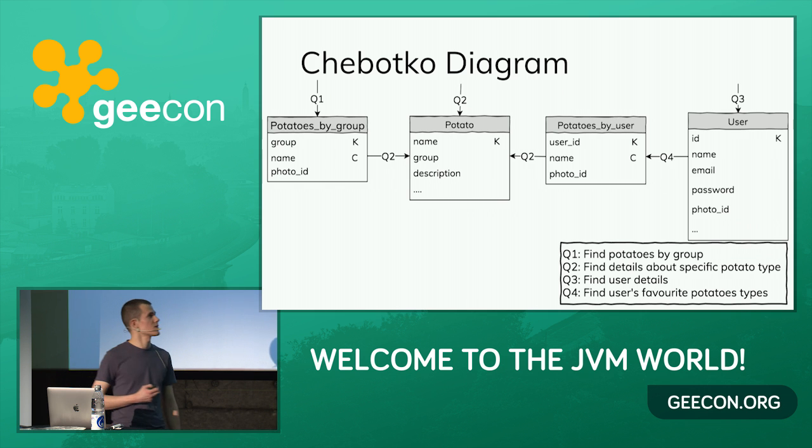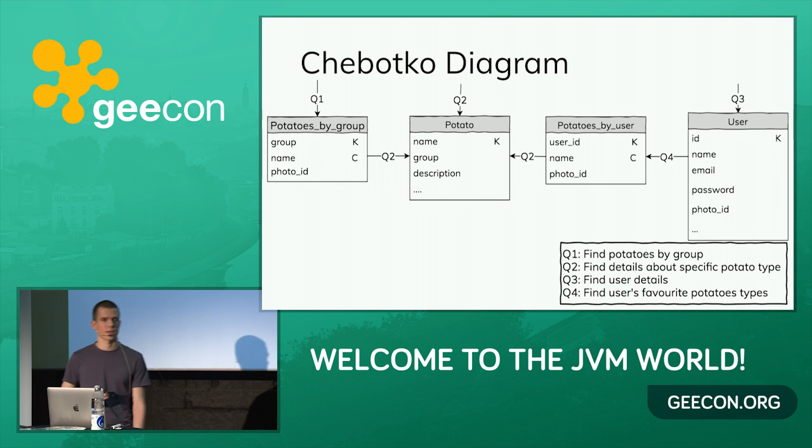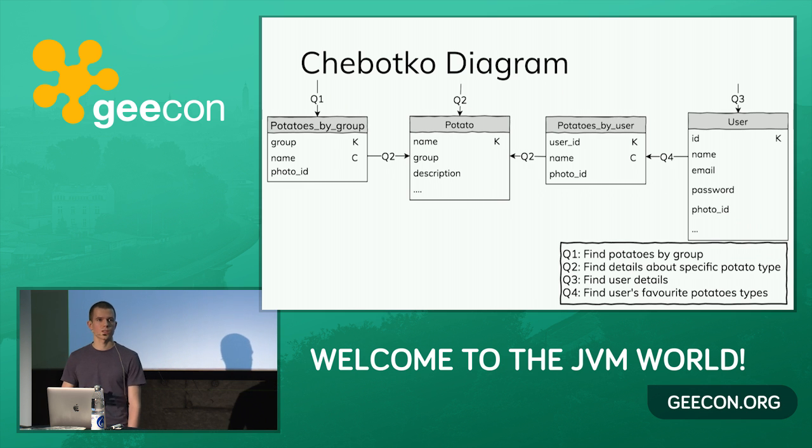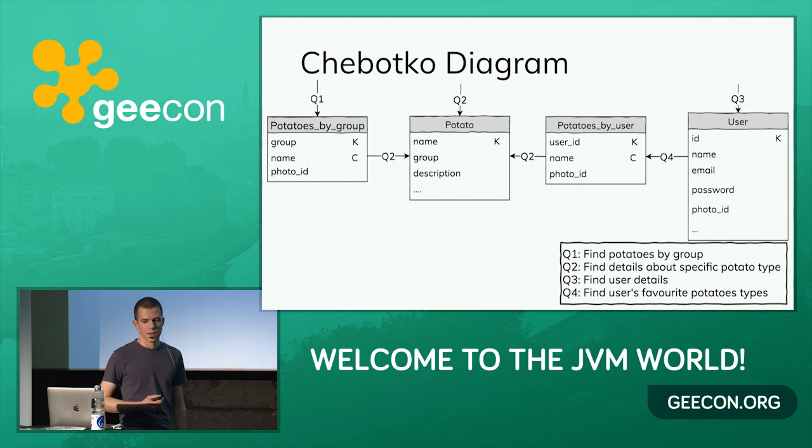One thing you may notice here is that we already have some duplicates. The photo ID is for sure in potatoes by user and by group. There will be some photos also in the details. So you're having your data duplicated. But it's pretty normal in Cassandra. Unfortunately, if you would like to change such a photo, you need to update all the tables.